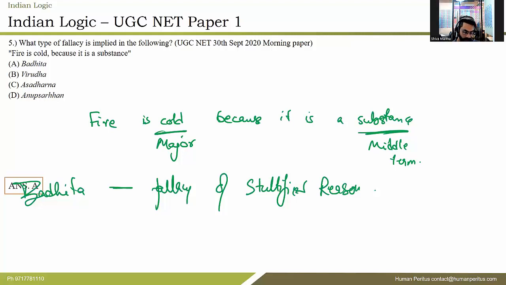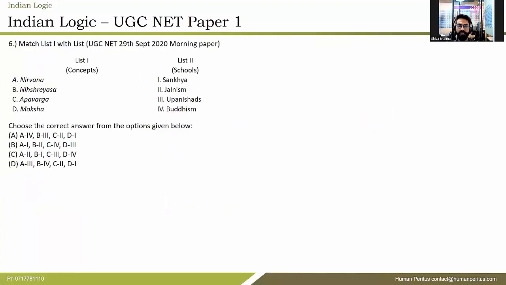Okay. The other fallacy which they have mentioned is Viruddha. Viruddha is the fallacy of adverse reason. Asadharana and Anupasamhari are not fallacies. All right. Moving on to the next question.